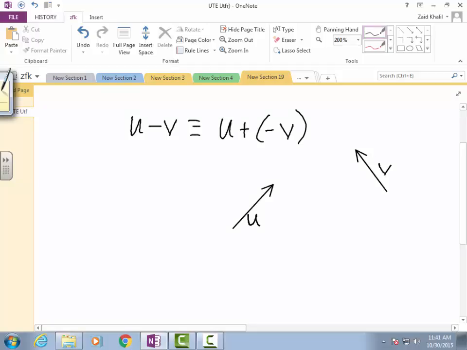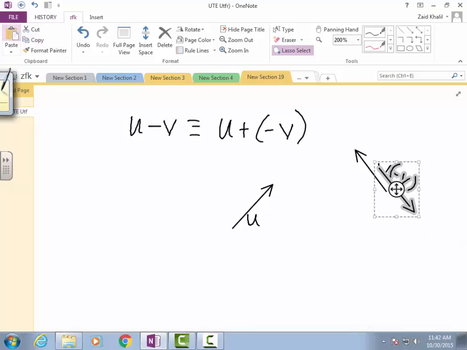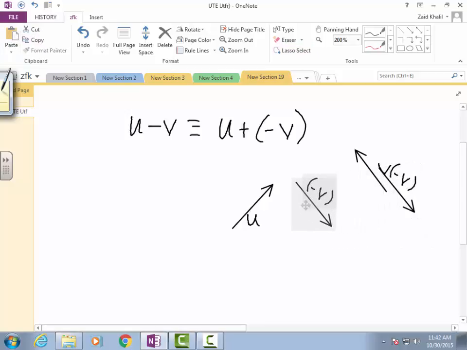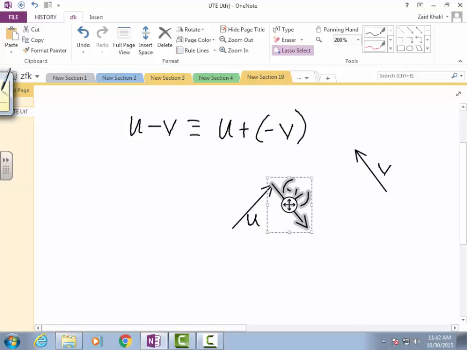Correct. So you take v and you flip it. So this is negative v. And then what I'm going to do is take negative v, copy it, paste it, and translate it to the head of u. And what do you get? You get this new vector.